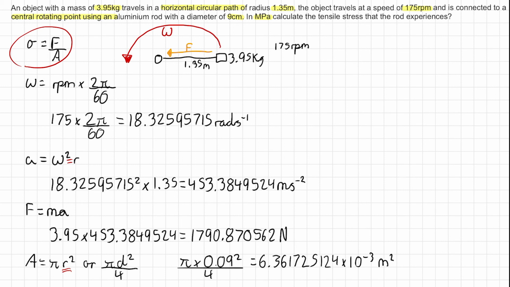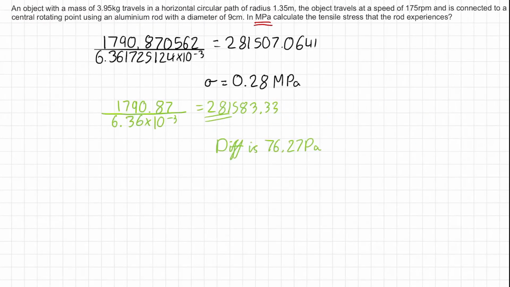And then it's also remembering that it's in megapascals, and to have your final answer clear here. So you've got the symbol for tensile stress, and then you've got 0.28 megapascals.